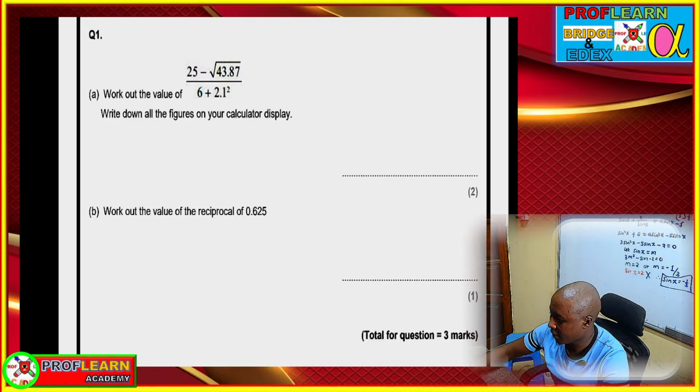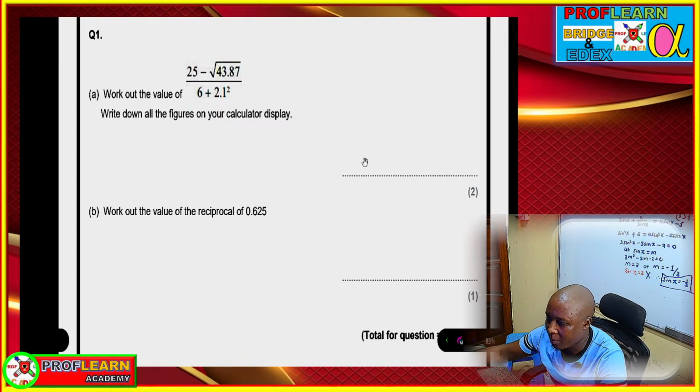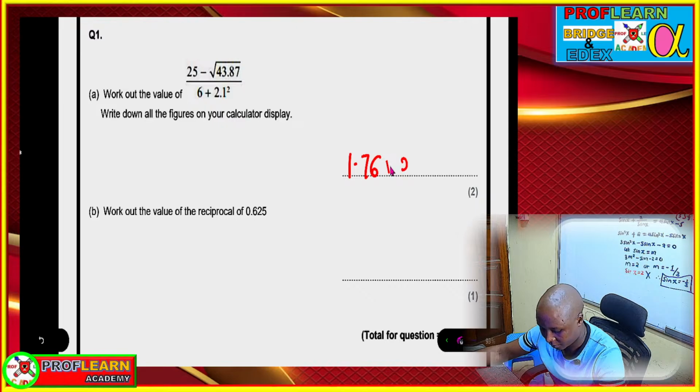As our answer, when you put that in the calculator, the figure that displays is 1.76552792.